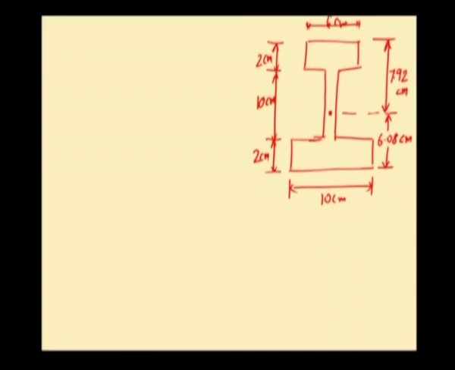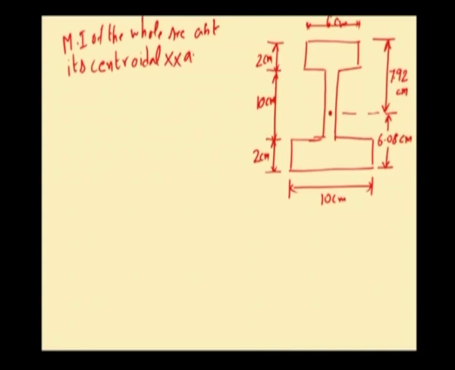Okay. Now, we shall calculate moment of inertia of the whole I section about its centroidal x axis. So, this is the centroidal x axis of the whole figure, that is the whole I section.